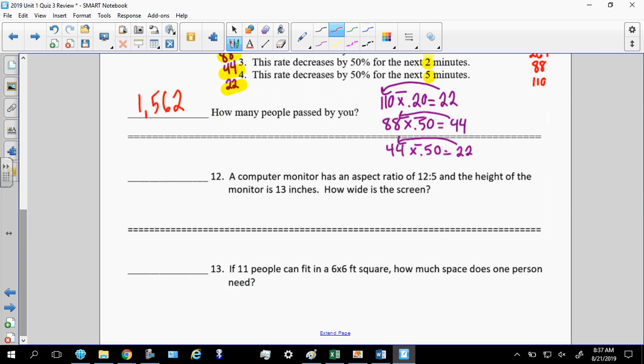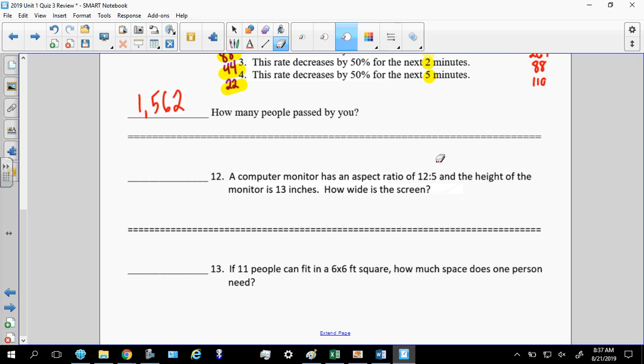All right. Now, question number 12 is something that we haven't necessarily done in class, but we've answered several questions very similar to that. It says the computer monitor has an aspect ratio of 12:5. Remember, when I give you the aspect ratio, it's always the width to the height.